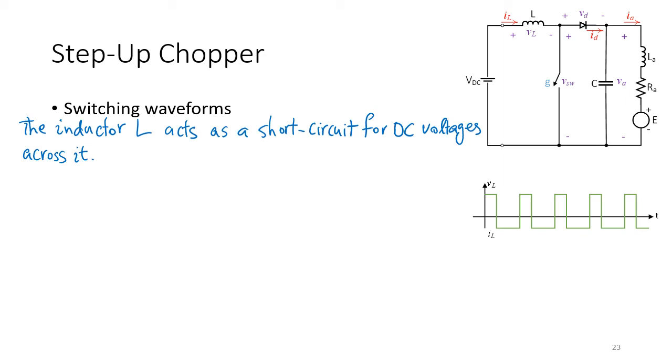So it means the average of the voltage across it should be 0.